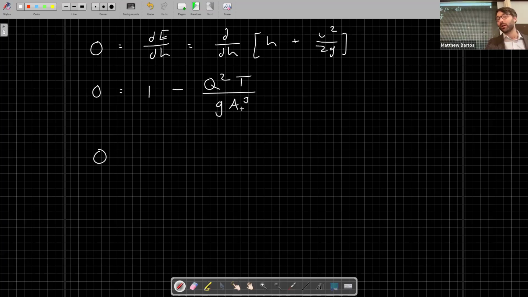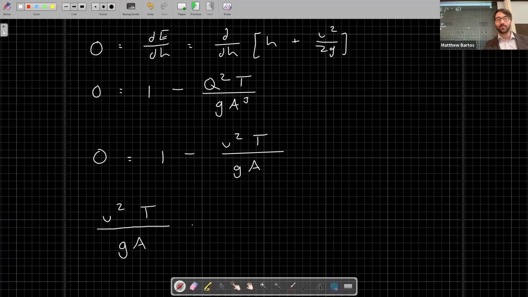Note that Q divided by A is the velocity. So this can also be written 1 minus U squared T over gA. And this gives us our condition for critical flow. Critical flow occurs when U squared T divided by gA is equal to 1.